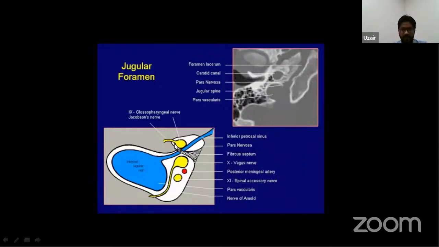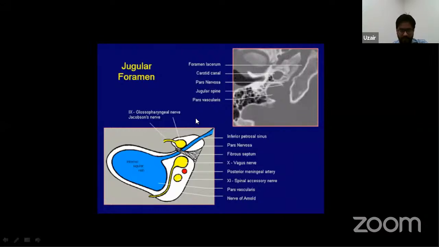Now coming to the schematic diagram, we can see the inferior petrosal sinus, when it passes through the jugular foramen, is going to become the internal jugular vein. So this small fibrous septum is dividing this jugular foramen into two components, that is pars nervosa, and this one is pars vascularis. In the pars nervosa, we can appreciate the glossopharyngeal nerve.